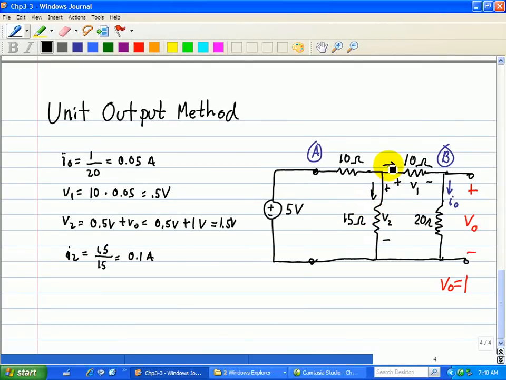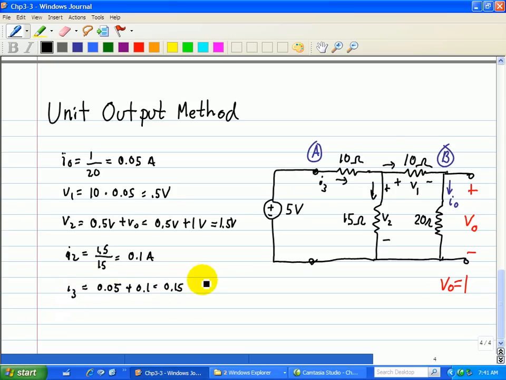We know that the current through the 10 ohm is also 0.05. Therefore, the current through this 10 ohm, which we'll call I3, is equal to 0.05 plus 0.1 is equal to 0.15.